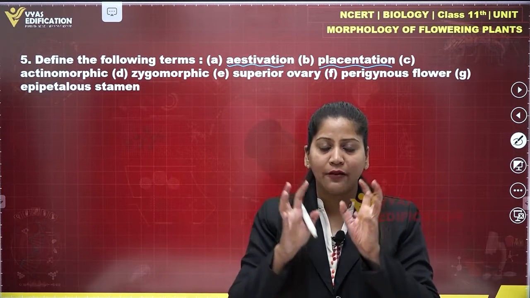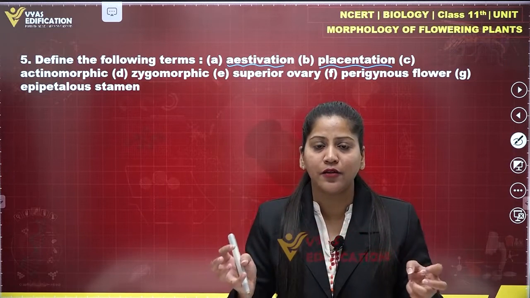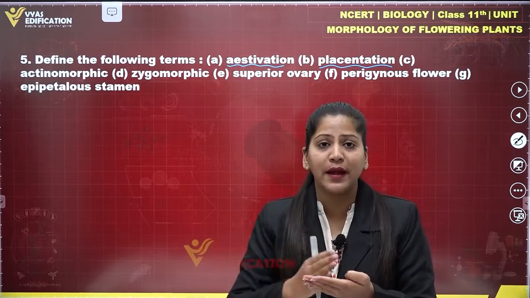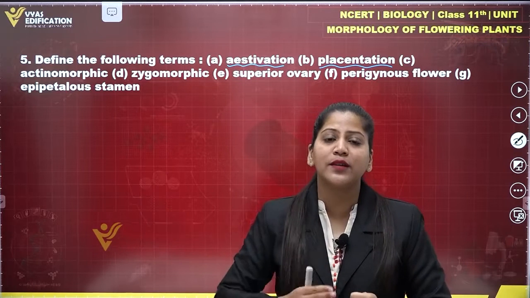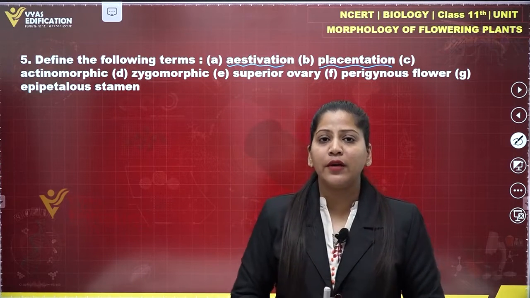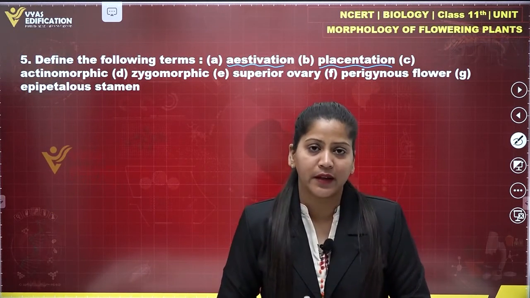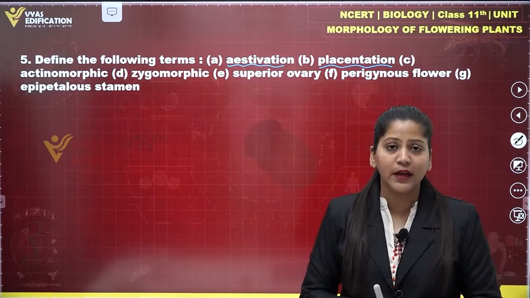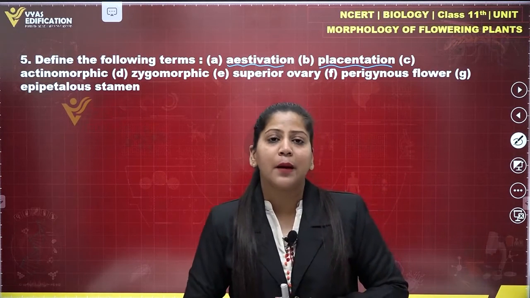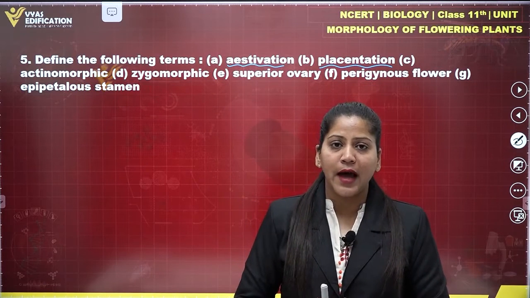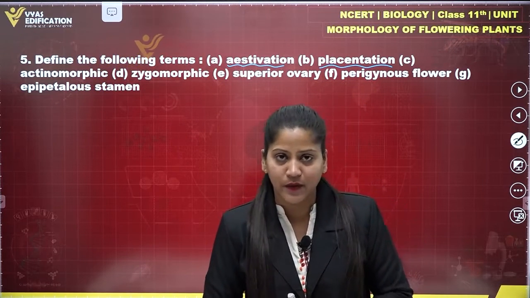When a flower has 2 similar or equal halves by passing only one plane through its center, the flower is said to be zygomorphic. You can compare the bilateral symmetry of animals to zygomorphic flowers.